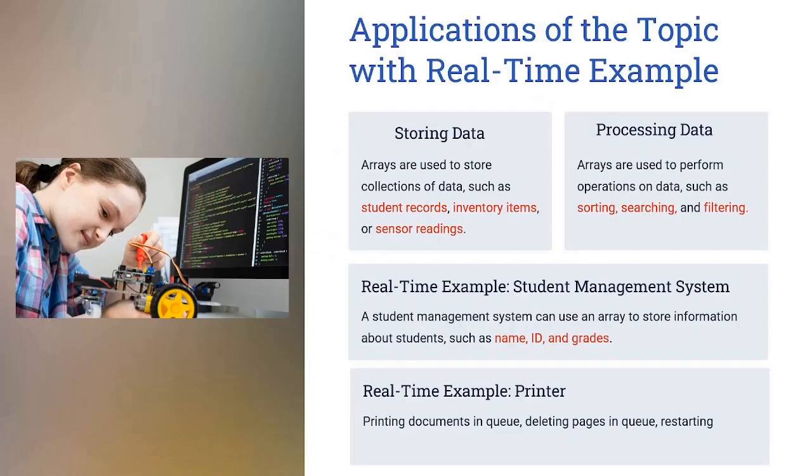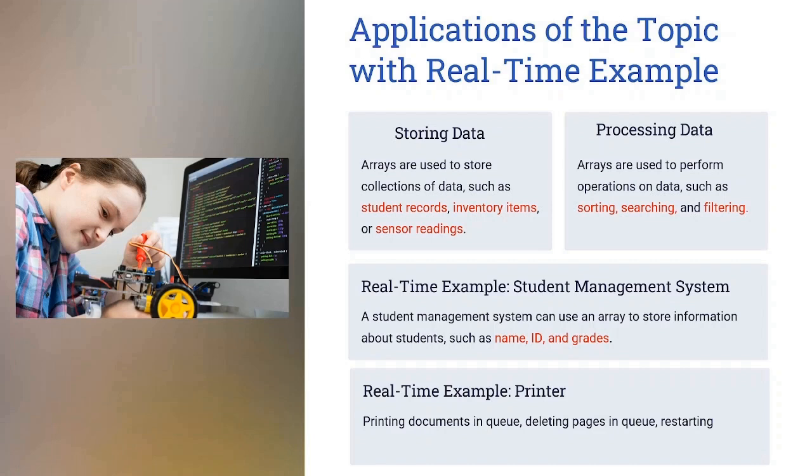Now we will see the applications of arrays, with real-time examples. There are a lot of applications of arrays. One is storing data, and another is processing data. For storing data, arrays are used to store large collections of data such as students' records, sensor readings, inventory items, etc. Similarly, for processing data, we use arrays for sorting, searching, filtering, etc. Now the real-time examples.